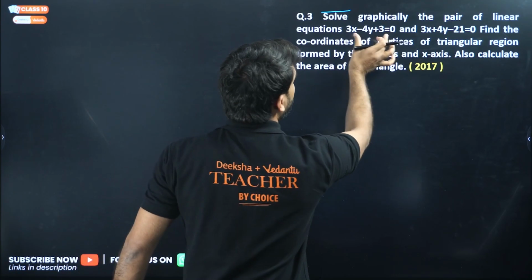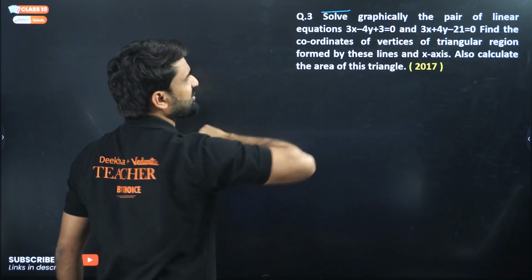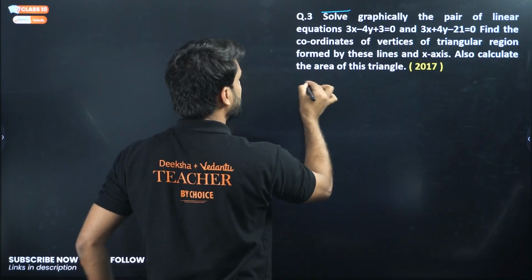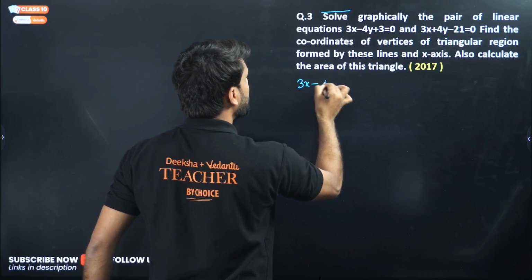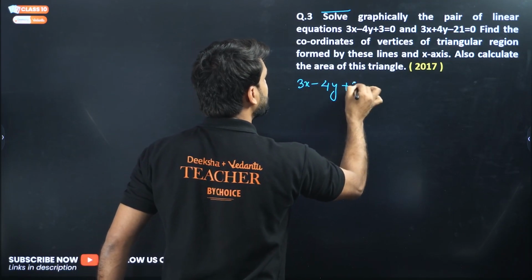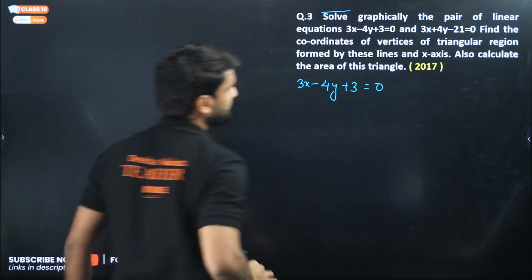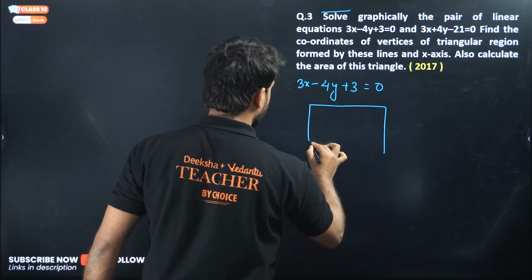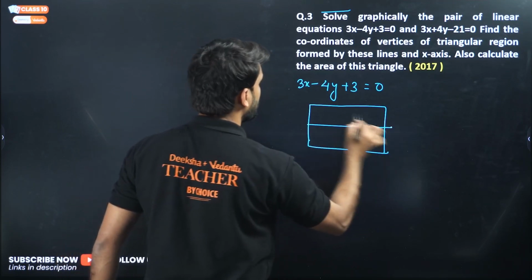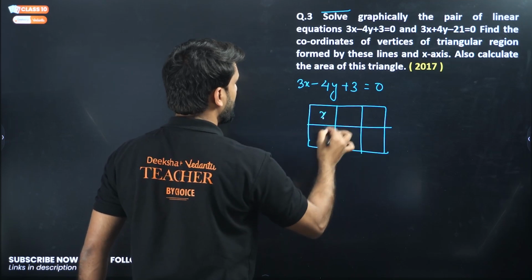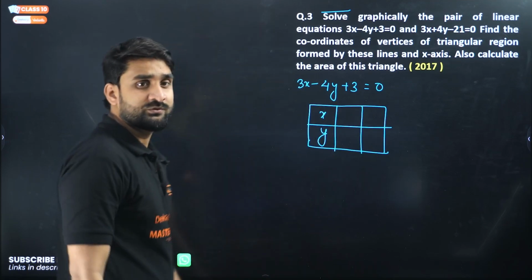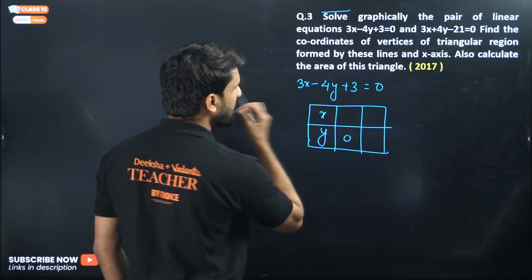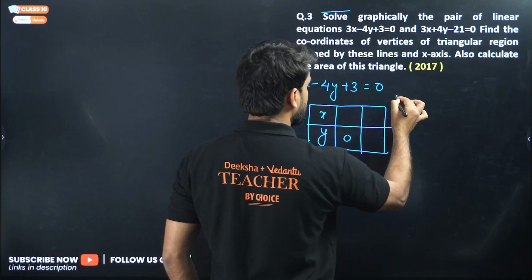So to draw the graph of this and this equation, we have to find the solutions first. And you know what a solution is? Let's say first I'm talking about the equation 3x minus 4y plus 3 equals 0. So let's draw the box here and find out the solutions. I'm writing x and y here. Let's put y equals 0 first.